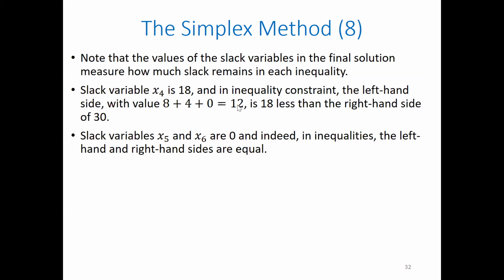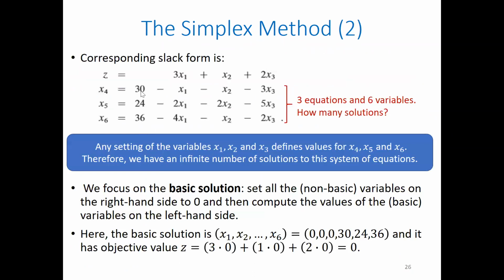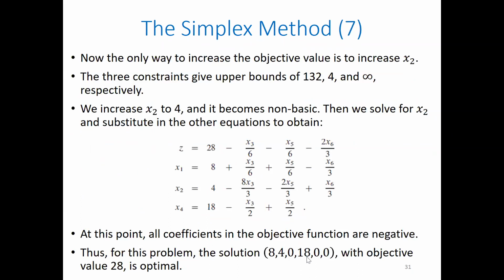The difference would be 18, because you add them up together and subtract from 30, which was in the original equation here, and that is the value of x4 we get over here.